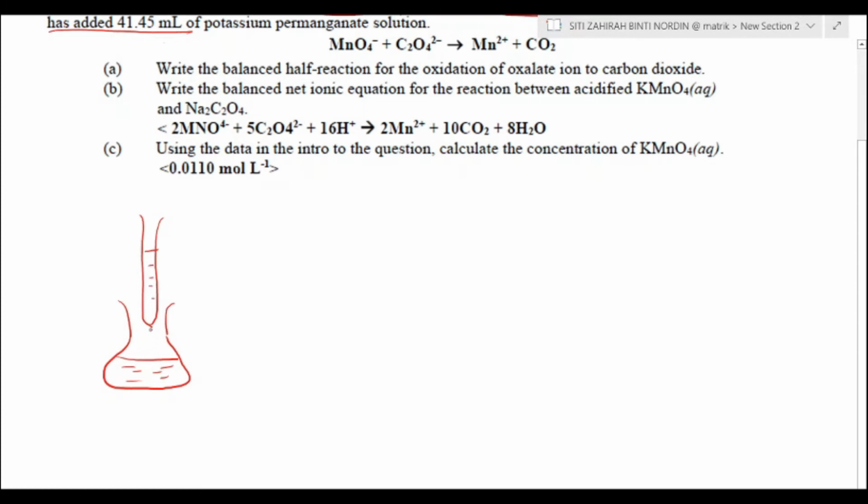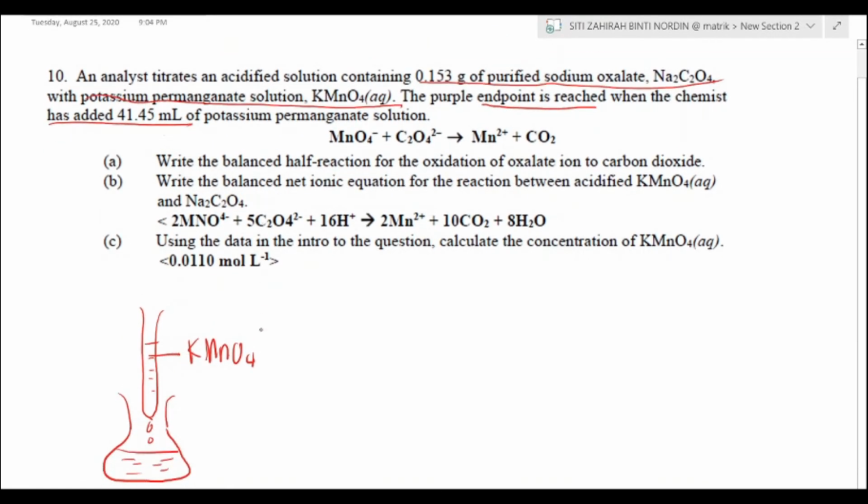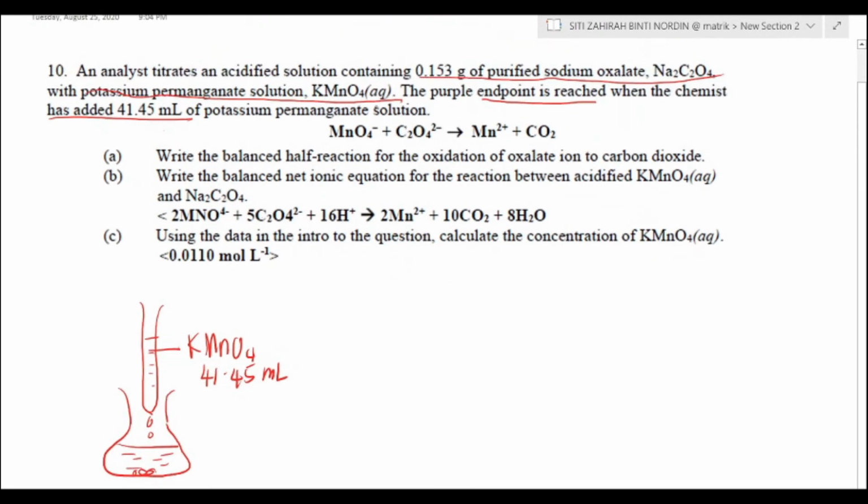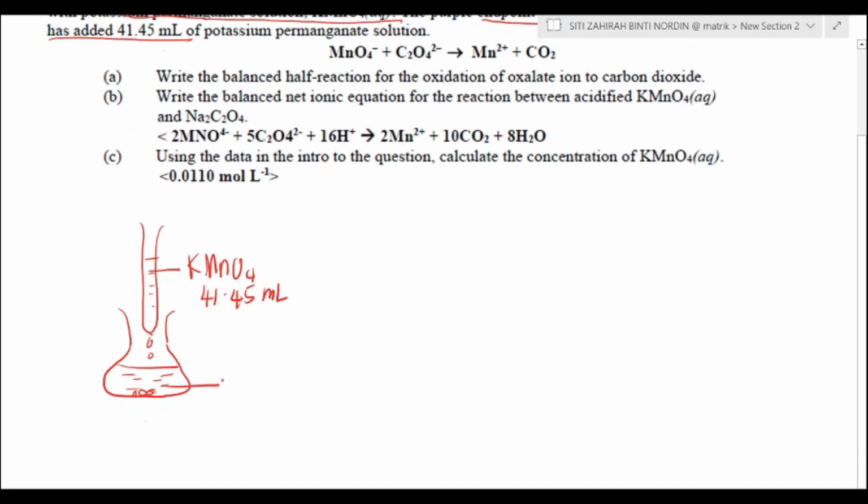In the burette we have KMnO4 with a volume of 41.45 ml, and in the conical flask we have 0.153 gram of sodium oxalate.